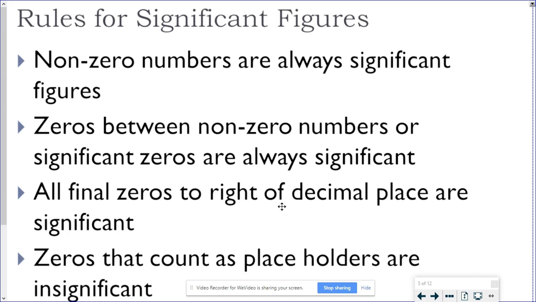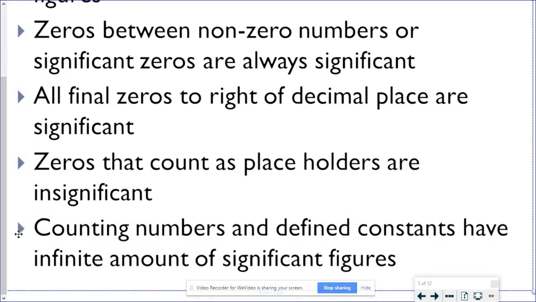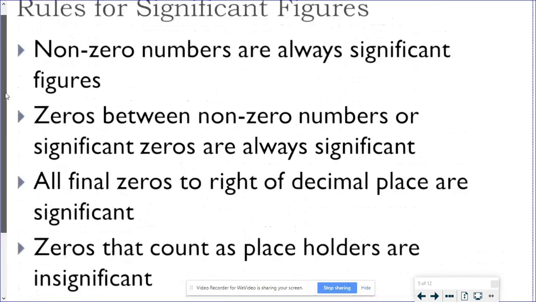All final zeros to the right of a decimal place are significant. Zeros that count as placeholders are insignificant. And then counting numbers, so if we're counting up how many people are in a classroom, or defined constants, we don't factor those in when we're figuring our sig figs. They're accepted values. So let's go back and look at some examples of these.